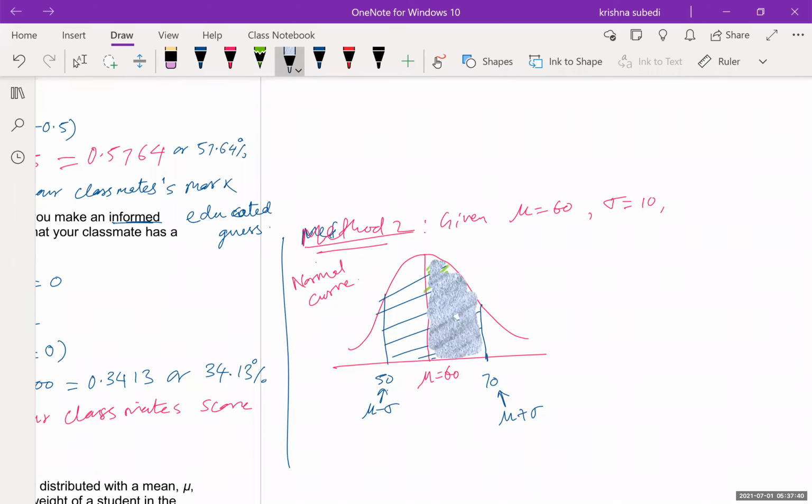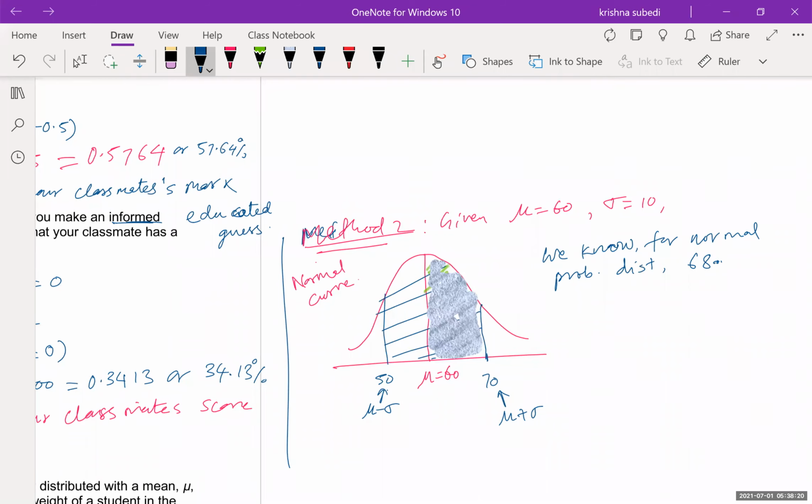Okay, we want to find the area of this part. Can somebody tell me how we can do it? Do you know anything for normal distribution, any information, how much area will lie within one standard deviation from the mean? Do we know that? We know for normal probability distribution, 68 point, what percentage again?